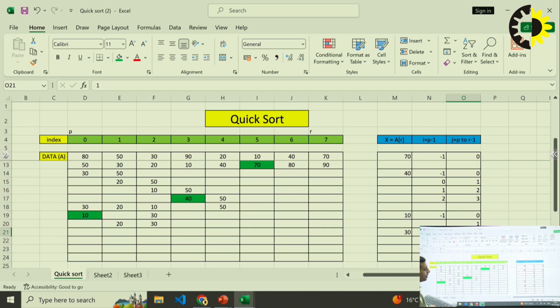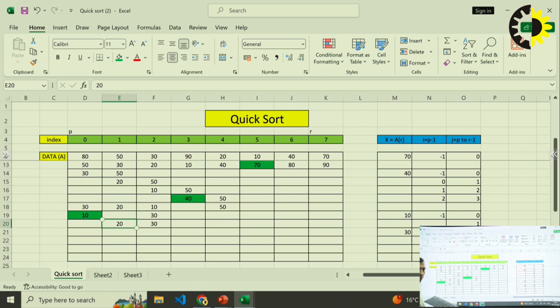Now check the element at index 1, 20. 20 is less than 30. Then what to do? Simply increment i, means 1, and swap the elements present at the i and j locations. i is 1, j is 1. So swapping 1 and 1 is its own position, means no changes, 20 will remain here.